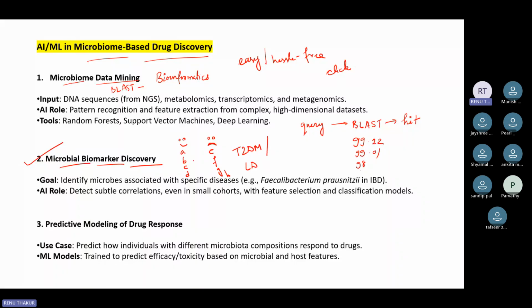Many times this increased or varied composition of microbial diversity indicates that the person is suffering from a metabolic disease. For that also you will look into a database, like if a patient is suffering from type 2 diabetes mellitus, what are the chances of alteration in the microbiome profile.